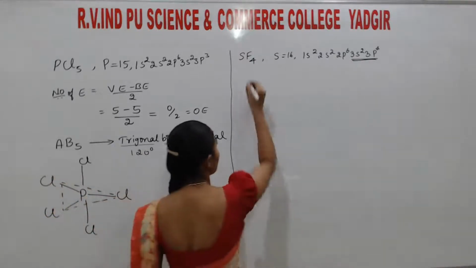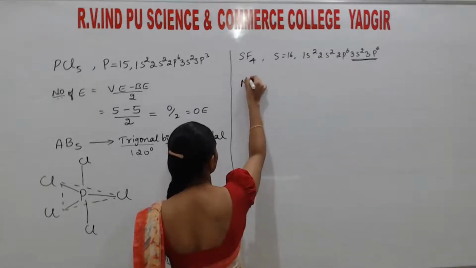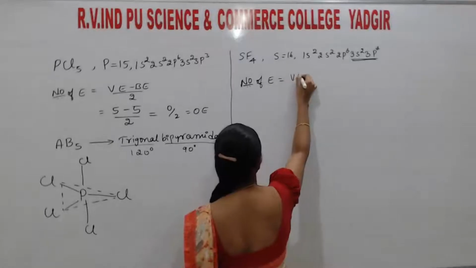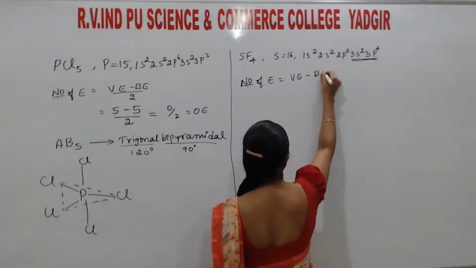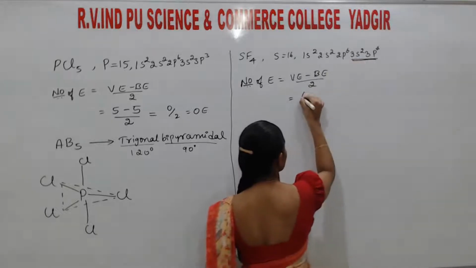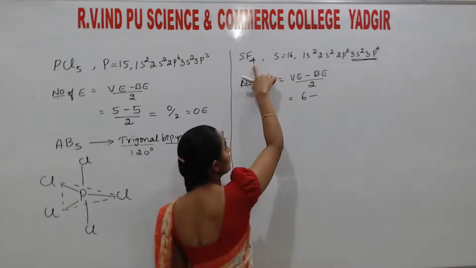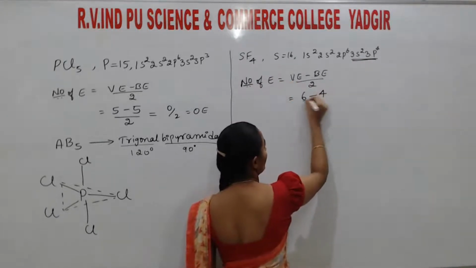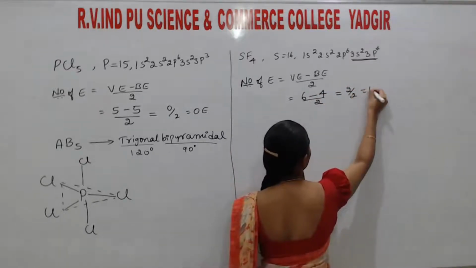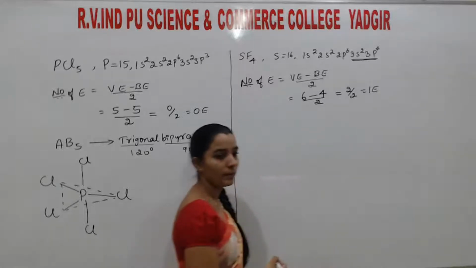Here students, how do we find the number of electron pairs? Same: valence electron minus bonded electron divided by 2. Valence electron here is 6. Bonded electrons is 4, divided by 2 is 2, that is 1 electron pair.